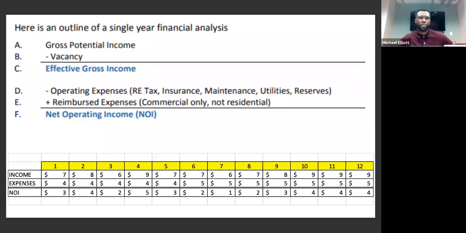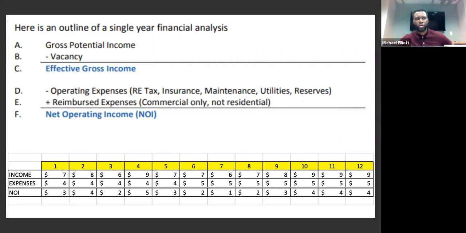Then you want to take your operating expenses, again, that we just talked about: taxes, insurance, maintenance, utilities, reserves. You want to take these things into account and then add back in any kind of reimbursable expenses. This is typical for commercial properties, but things like property taxes, property insurance, maintenance, repairs, and general operating expenses can be found as reimbursable expenses.